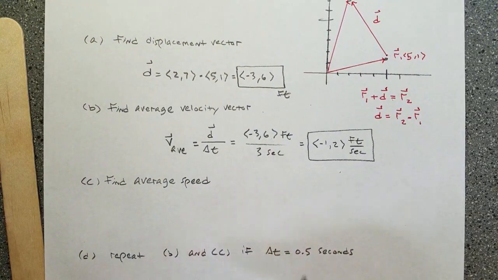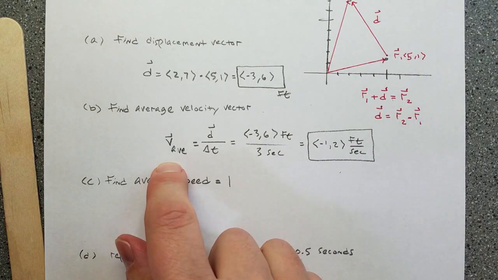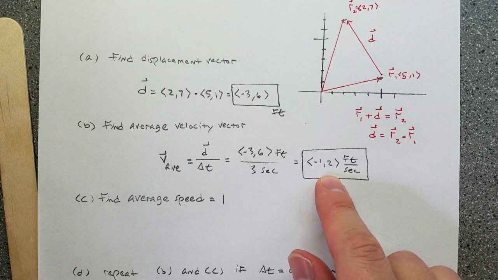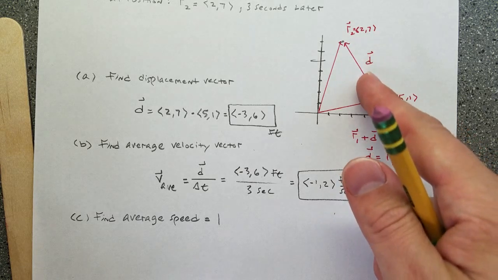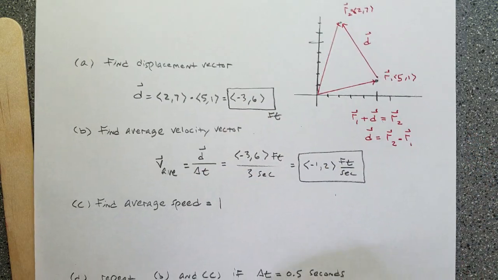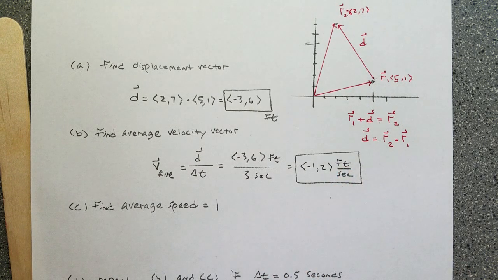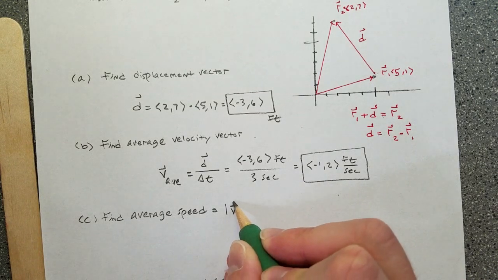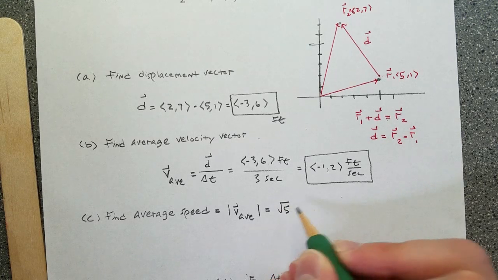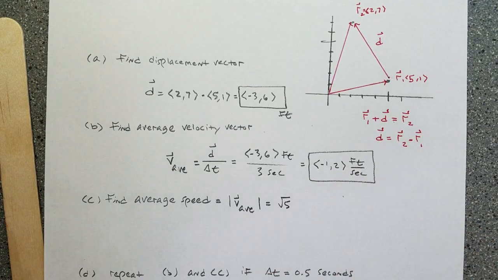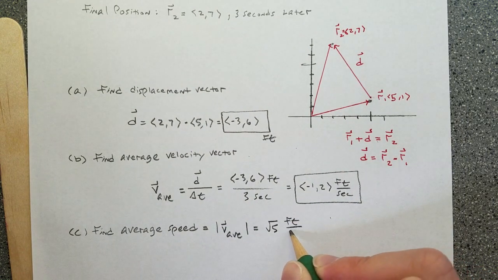Average speed. Now, a new concept. The velocity vector told you the direction you're moving, which is left 1, up 2, which is basically the direction of that. And it would also tell you how fast you were moving in terms of distance over time. So the average speed will just be the magnitude of the average velocity vector. That vector right there has magnitude the square root of 5, so square root of 5 feet per second.